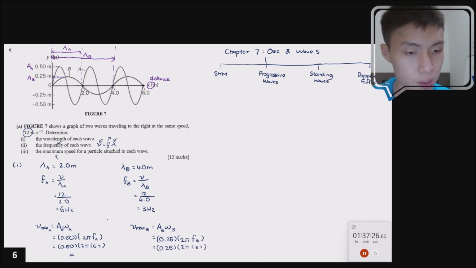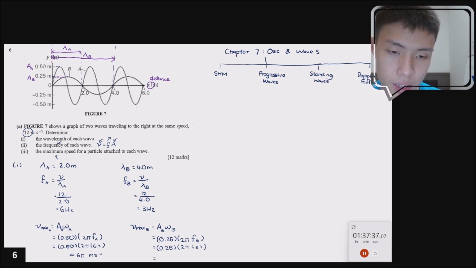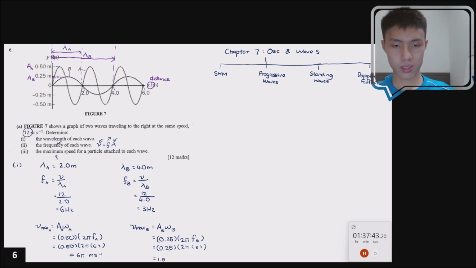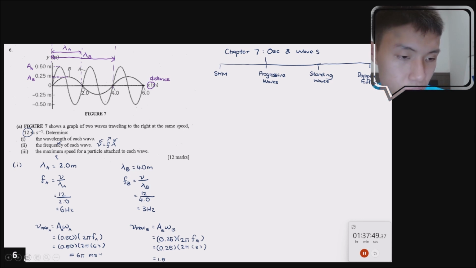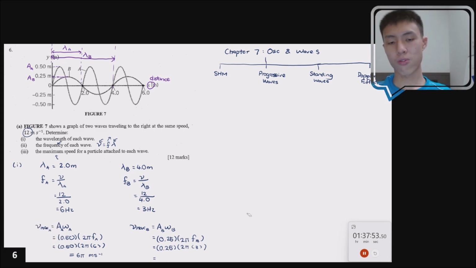From this process, I believe you get 6 pi meters per second for A. For B, you will get 1.5 pi, I think. Not 1.5, sorry. 4, half of 3.